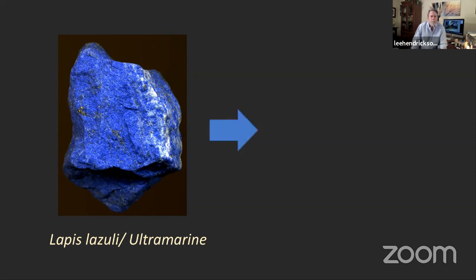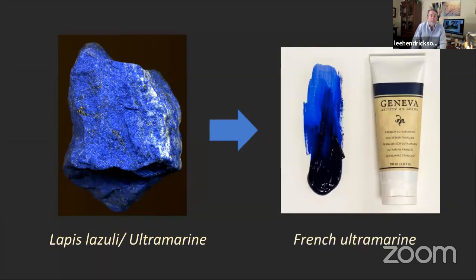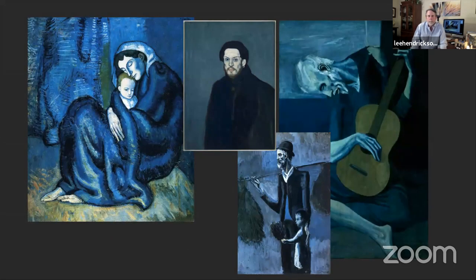So what happened was the French Industrial Society around 1800 had a contest asking somebody to make a blue that was cheaper than ultramarine. And a French chemist won the 6,000 franc prize and made what is called French blue or French ultramarine. And this was pennies compared to the huge cost of the original lapis lazuli sourced material. So without that availability, would Picasso have even had his blue period?